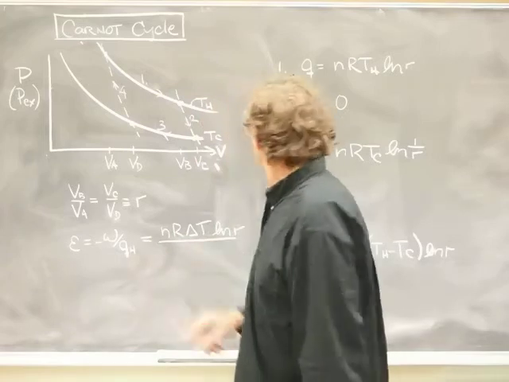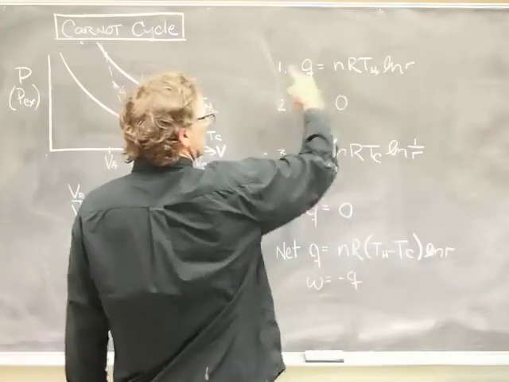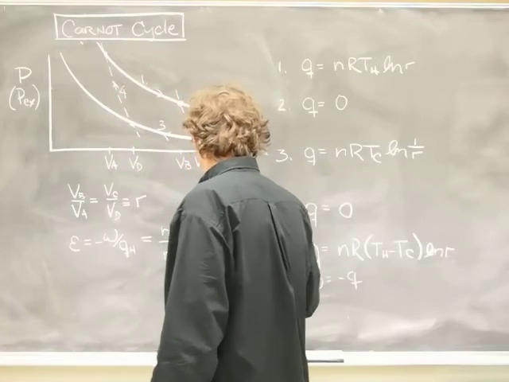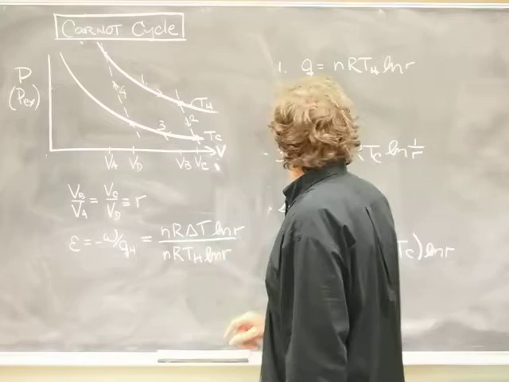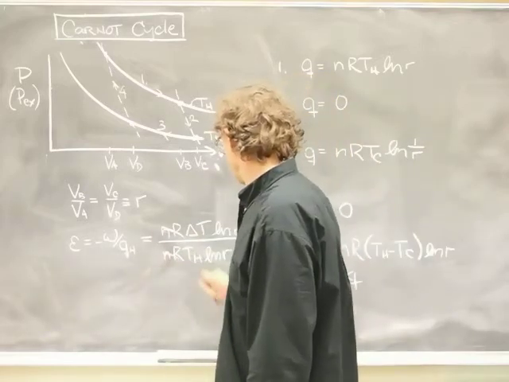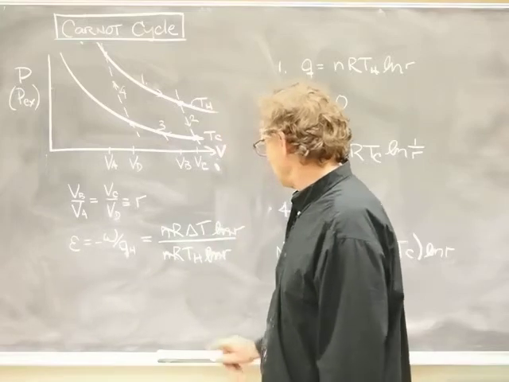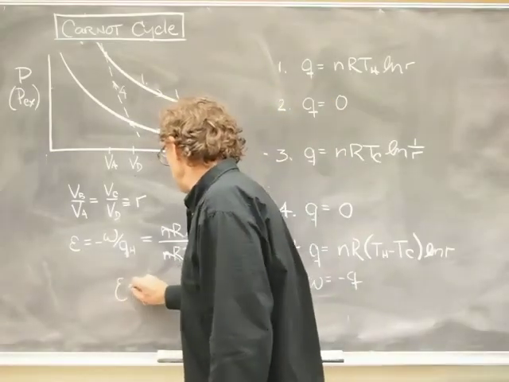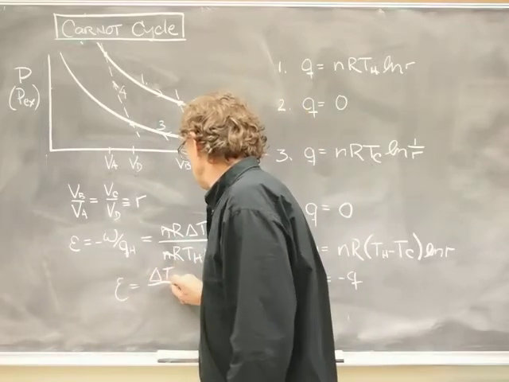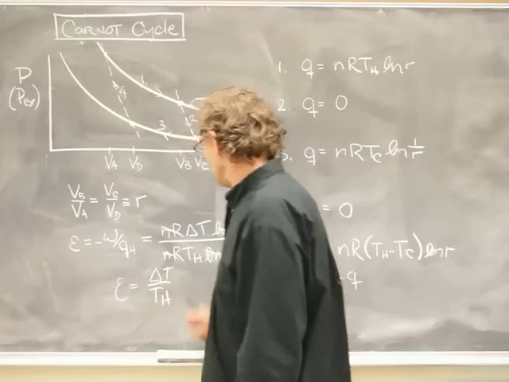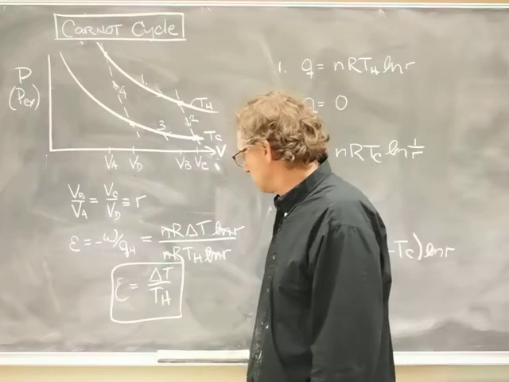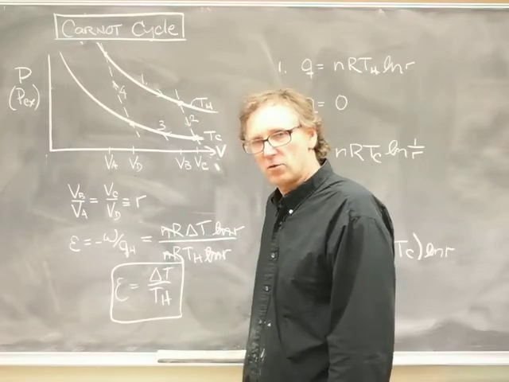Now divided by Q hot, well, this was Q hot right here, so that looks like nR T hot times natural log of R. Obviously log R goes away, and we end up that the efficiency of this heat engine is delta T divided by T hot, and that's our result for the efficiency of this reversible heat engine.